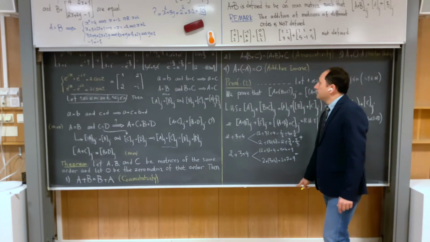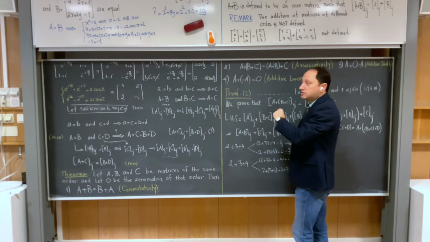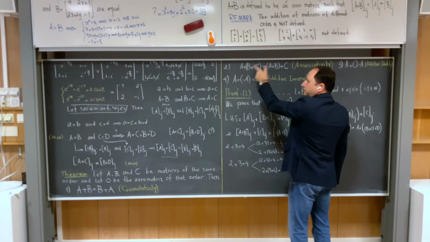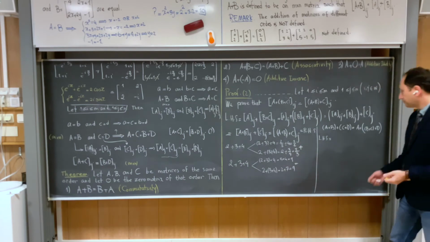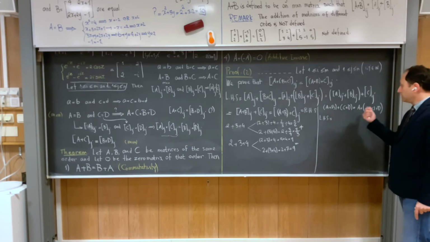So this means that if I have three matrices added together, it doesn't matter if I have the pair of brackets around the last two or around the first two. This is the associativity. I need to use this to be able to go from the left-hand side to the right-hand side.